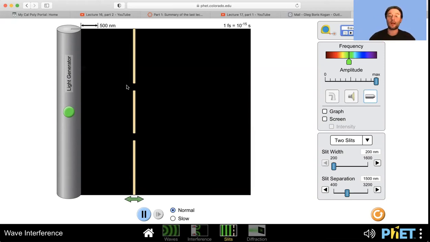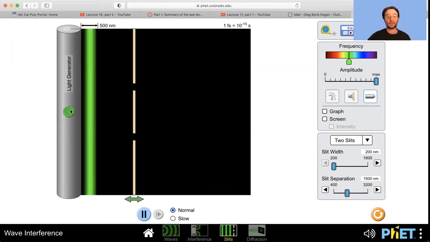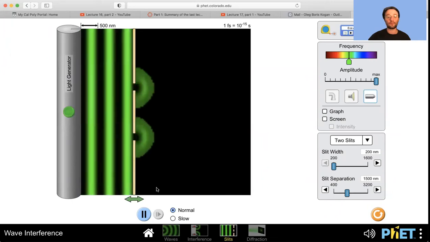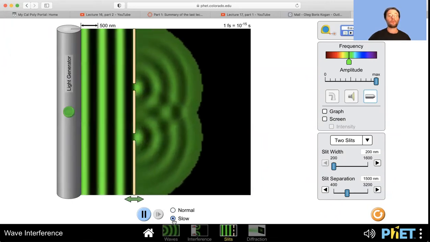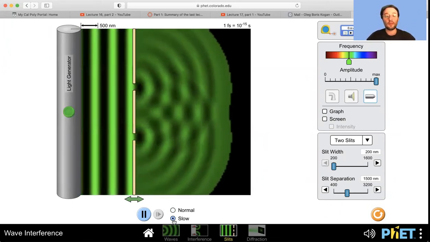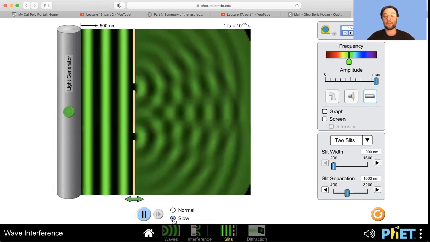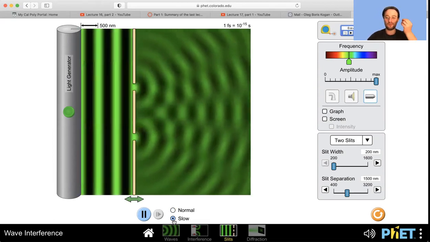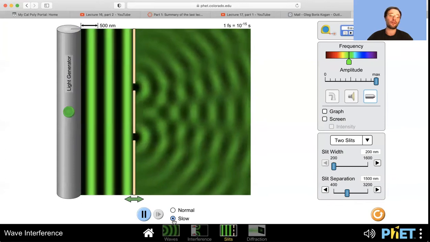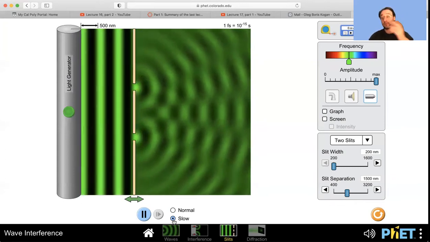And so as a result, we have 2 point light sources, each generating a spherical wave. And so what will happen? Well, here come the planar waves. Let me slow it down. And you have these 2 light sources, effectively like point light sources.